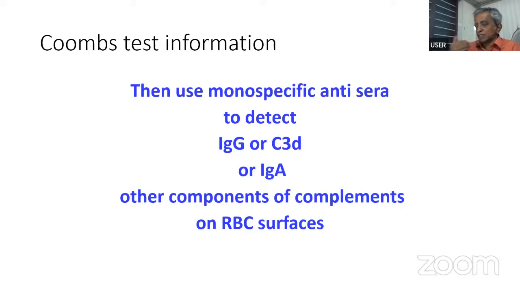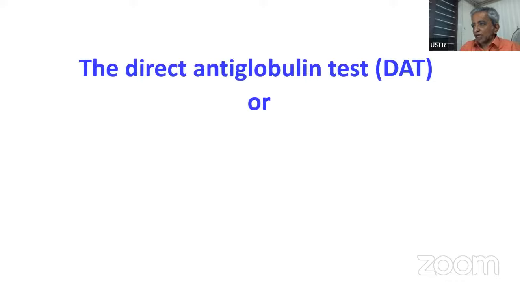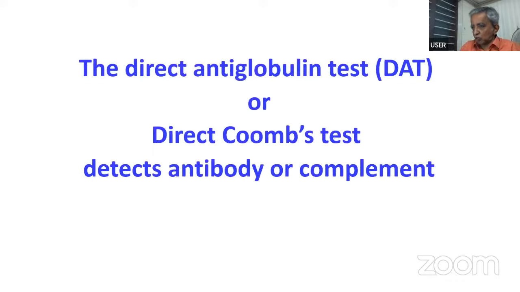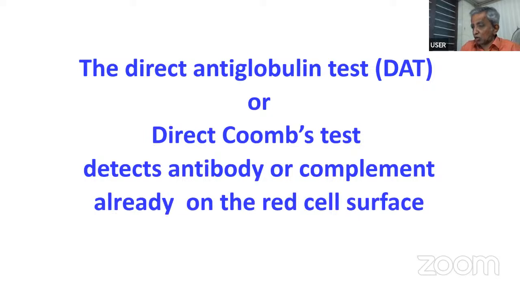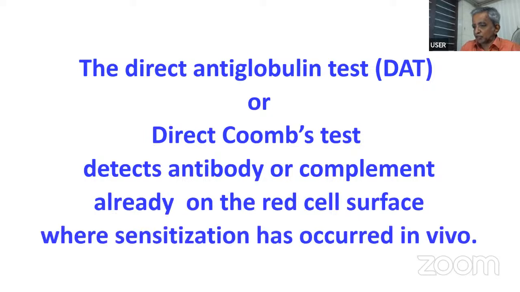So it should be tested at two levels: one is polyspecific, then you go to monospecific to identify the exact type of antibody on the surface of the RBC. So the direct antiglobulin test, or the direct Coombs test, detects antibody or complement already on the red cell surface, where sensitization has already occurred in vivo.